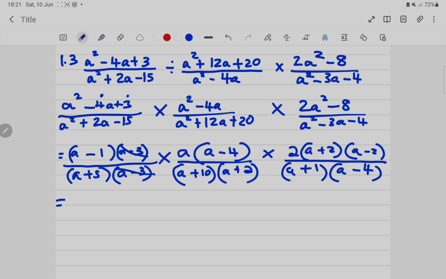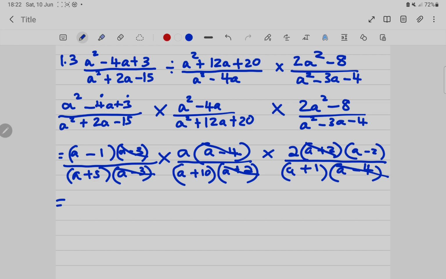The answer is yes, so this goes here in the one. Then coming to a, is there any a there alone? The answer is no. Is there any a minus 4? Yes. Coming now to these 2, is there any 2 as a denominator? The answer is no. Is there any a plus 2 as the denominator? The answer is yes. Is there any a minus 2 as a denominator? The answer is no.